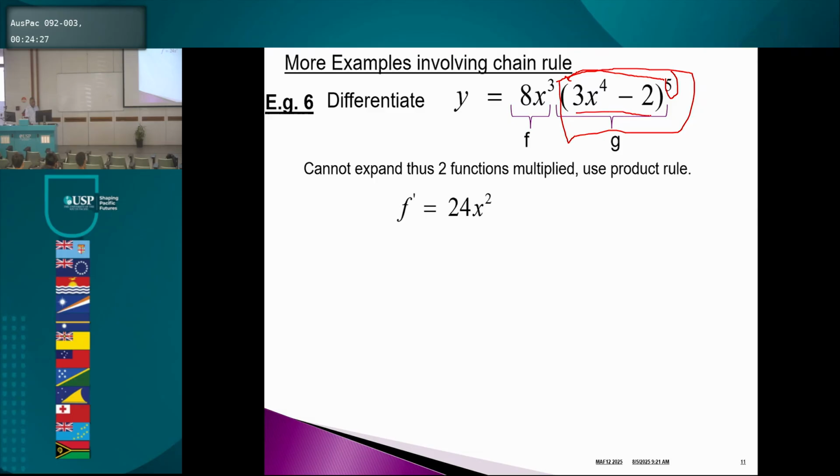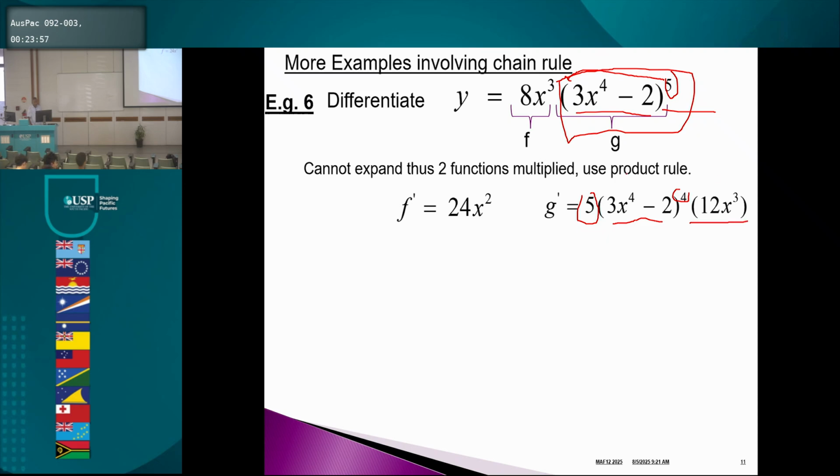Inner function remains the same, and then differentiate the inner function. I've changed the power, reduced the power by 1, I've multiplied by the original power, and the inner function remains the same, then I've differentiated the inner.